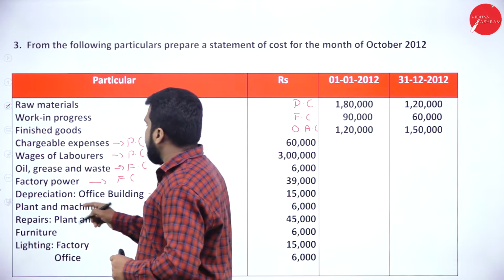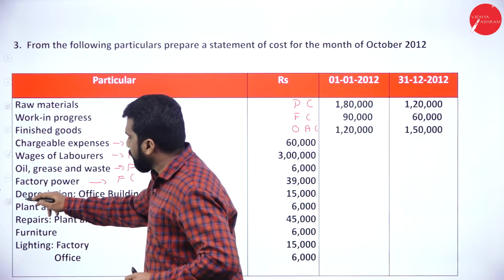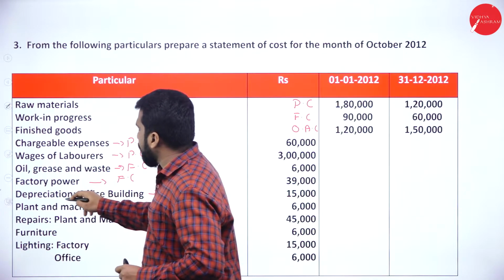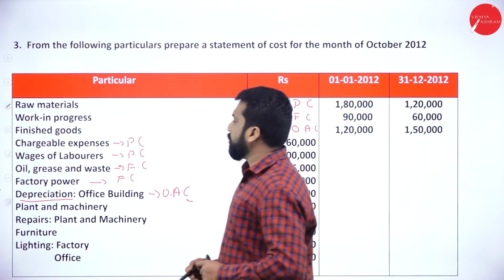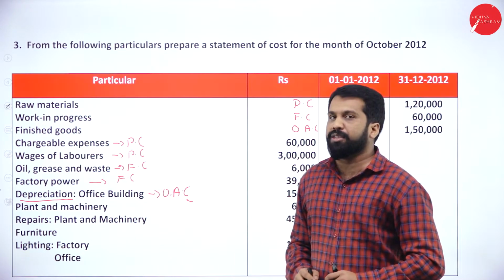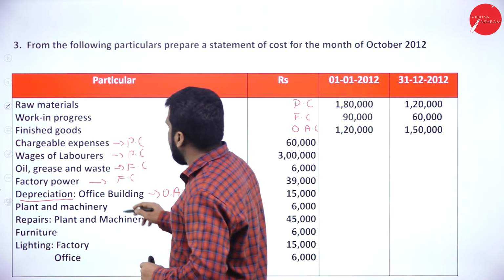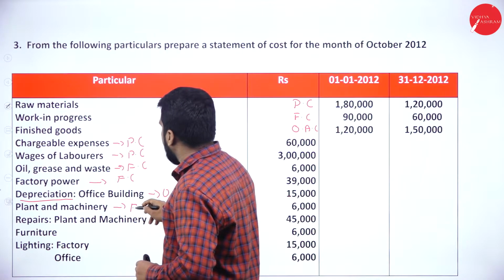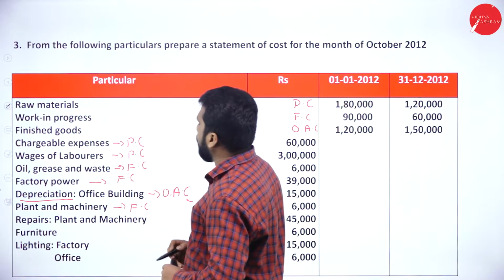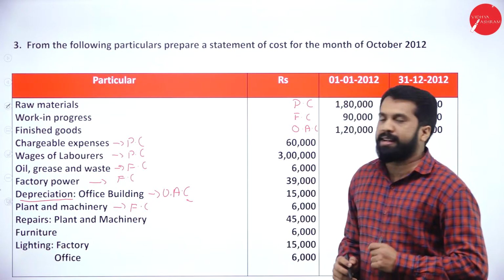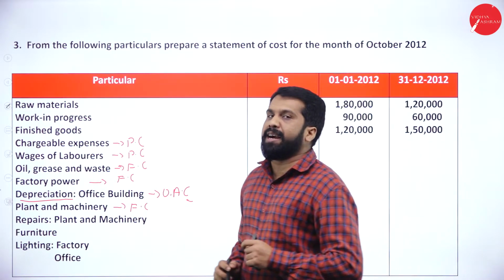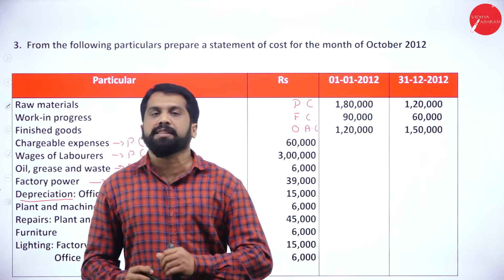Then plant and machinery: same depreciation on office, same depreciation on plant and machinery. Plant and machinery will come under factory cost. Now, repairs of plant and machinery. Do we find plant and machinery in office or factory?